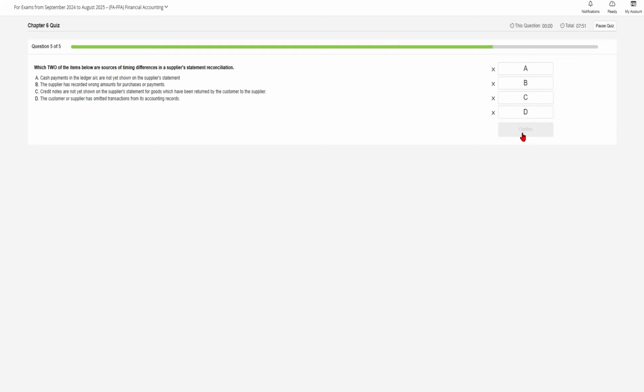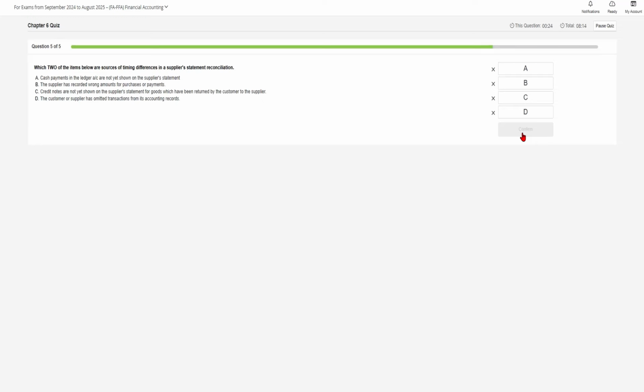Next we have: which two of the following items below are a source of timing difference in the supplier statement reconciliation? Alright, so the question is asking us to choose the two options that are related to the source of timing difference in the supplier reconciliation statement.